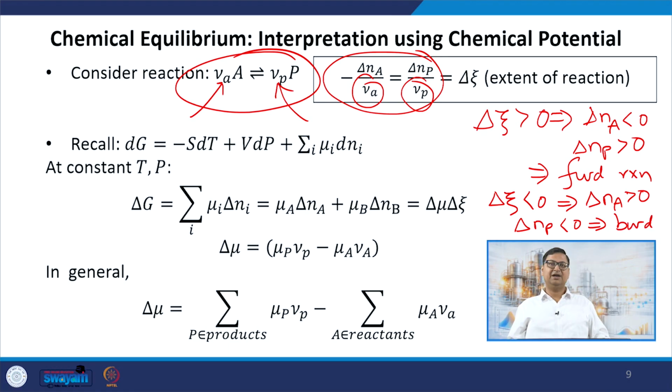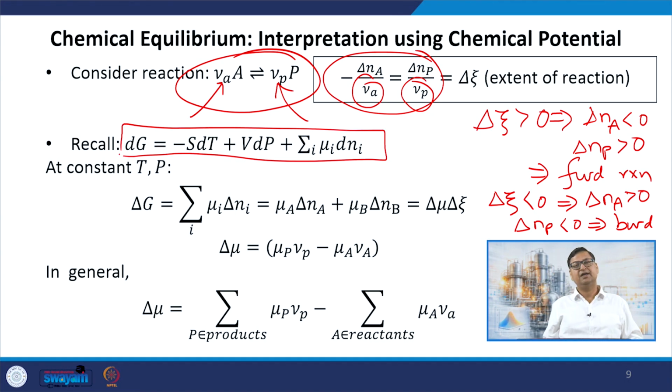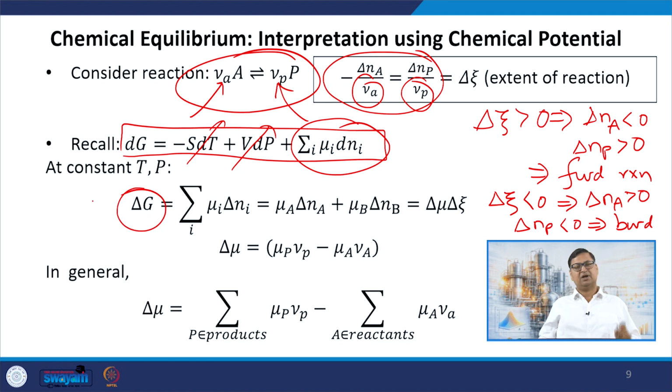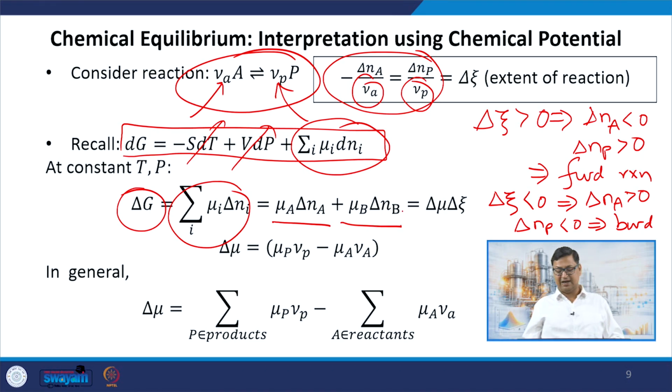Now recall from the earlier discussion we had in the last class that dG is equal to this quantity. If I keep the temperature and pressure fixed, then I can drop the first term and the second term, and I am left with this. And now I have essentially two species present in the system: A, the reactant, and P, the product. So the delta G for a certain duration of reaction is given as the summation of mu i delta Ni, and that is equal to mu A delta Na plus mu P delta Np.